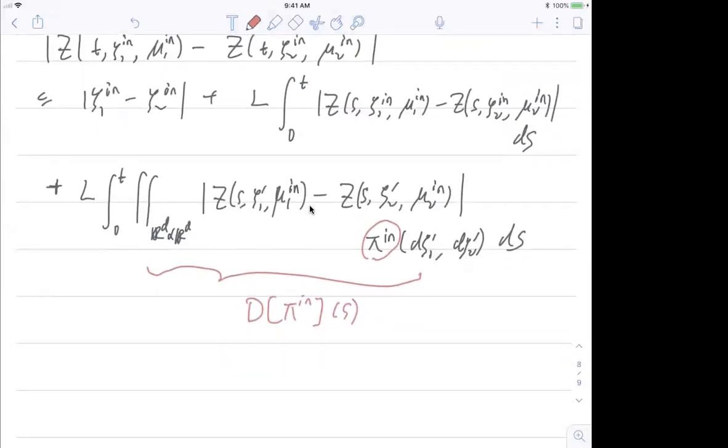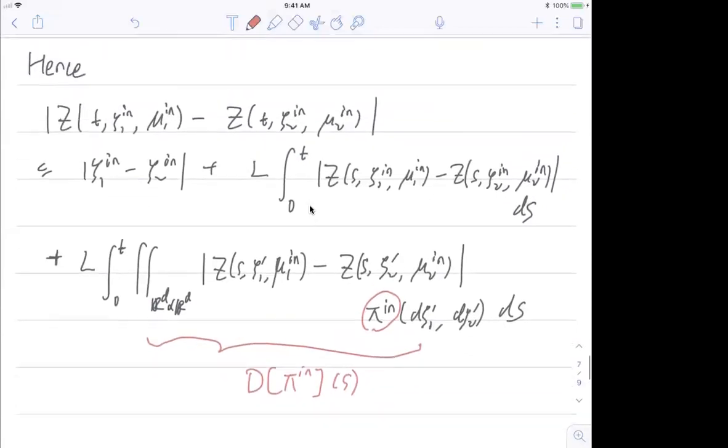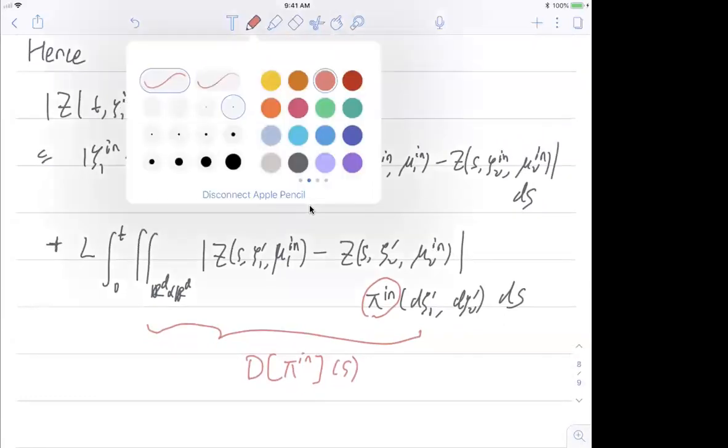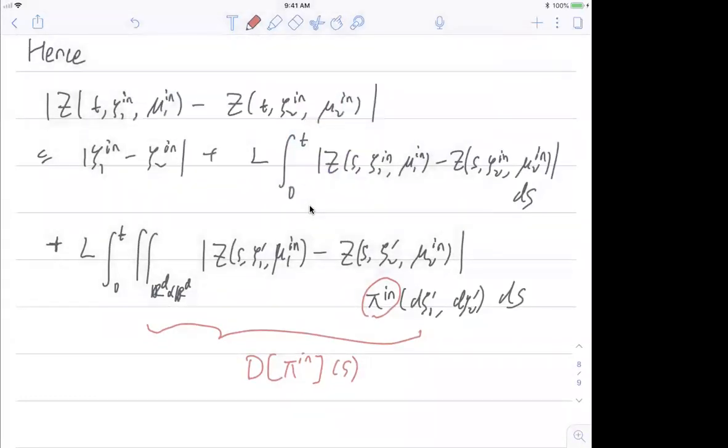Okay, so let's introduce this notation, and we integrate with respect to these variables, with respect to pi initial again.